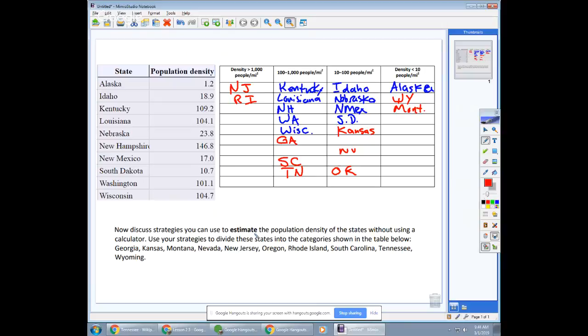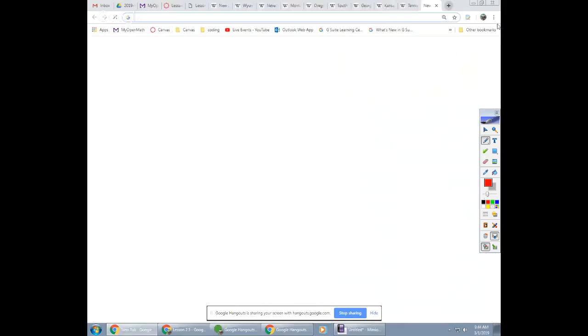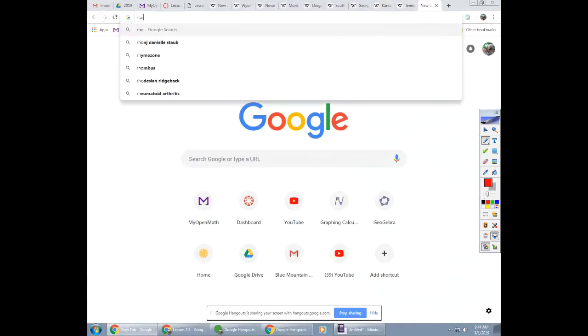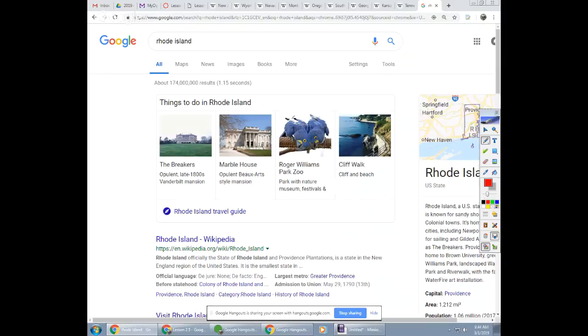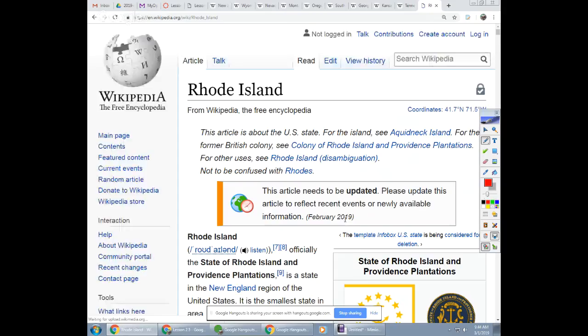That would have been New Jersey, wasn't it? We never did calculate Rhode Island. We just knew it belonged in that category. Rhode Island, by the way, is about the size of Umatilla County, but there's about 1 million people living in it.